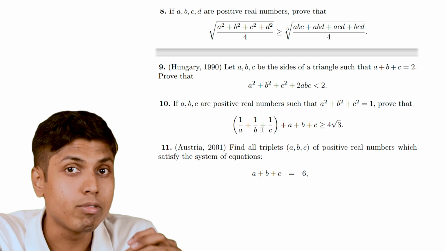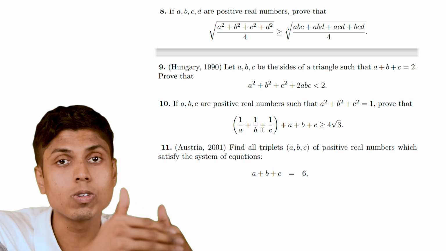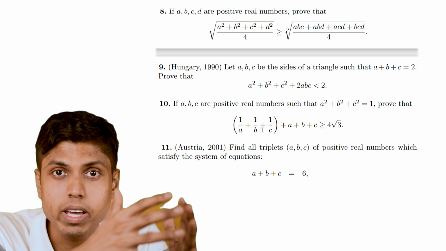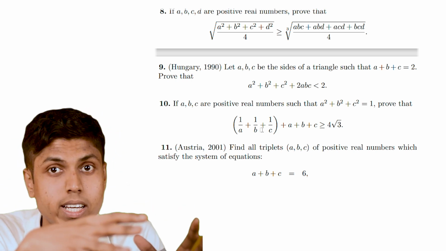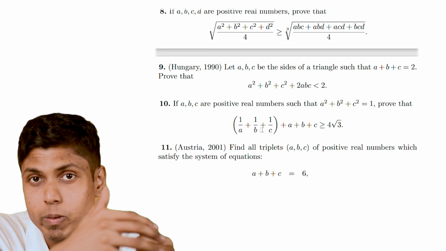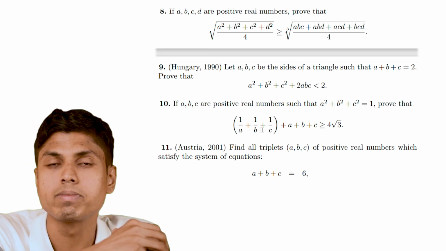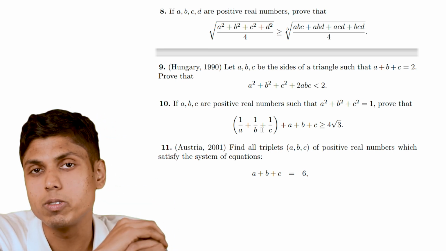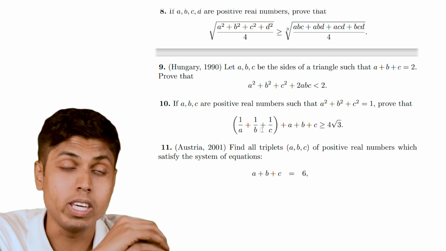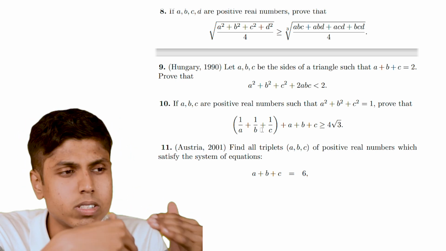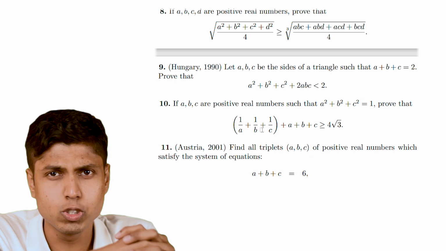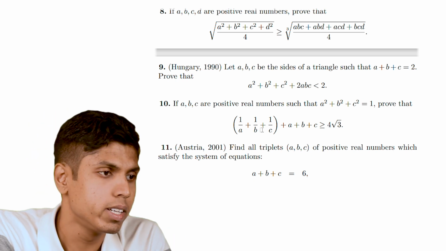And if you are still stuck, go to the solution and get some hints. Don't see the entire solution, get some hints, and try to attack the problem from a different perspective. Probably you will get the solution. Even if you don't, do not worry, you can see the solution. This is how you learn as you progress through this book.